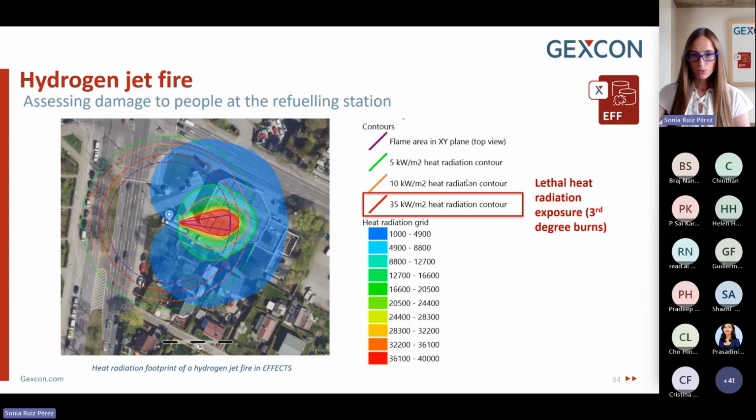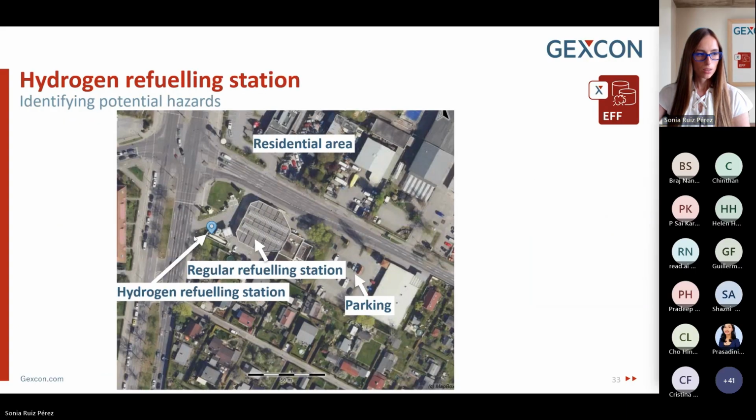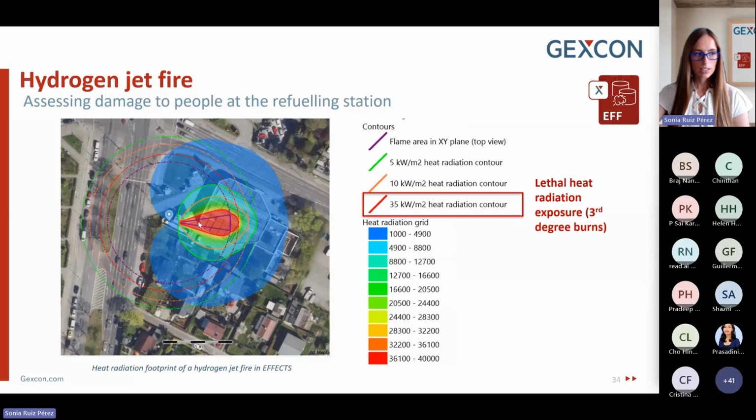This is a simulation performed in EFFECTS where we are examining the impact of a hydrogen jet fire at the refueling station. First of all, we have placed a release of hydrogen at the hydrogen refueling station, which allows us to calculate the outflow of hydrogen and the subsequent hydrogen jet fire, assuming there's an ignition source close to this hydrogen refueling station.